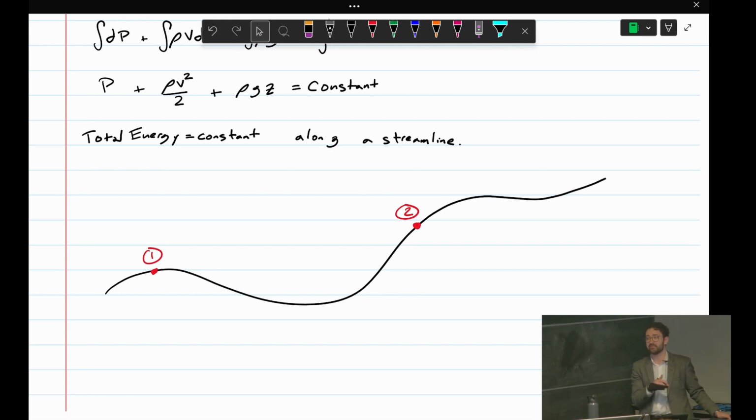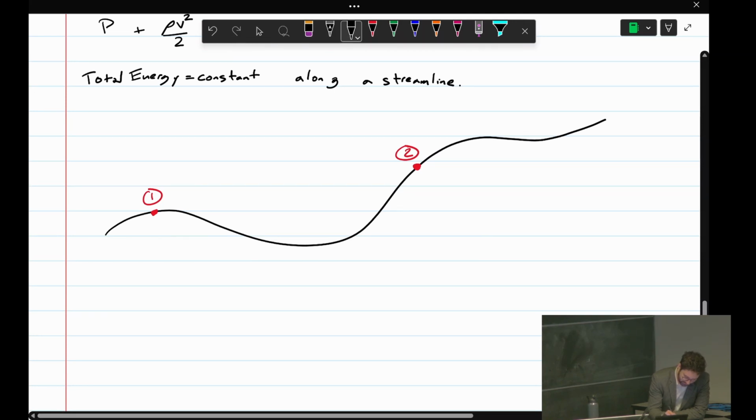So we're talking about steady state flow. That means a streamline is a path line, right? A streamline is actually the path the fluid parcels are going to travel. So you can think of this as the fluid parcel is going to be at 1. It's going to go through, the energy is going to convert between different types, but the total energy will be conserved when it arrives at point 2.